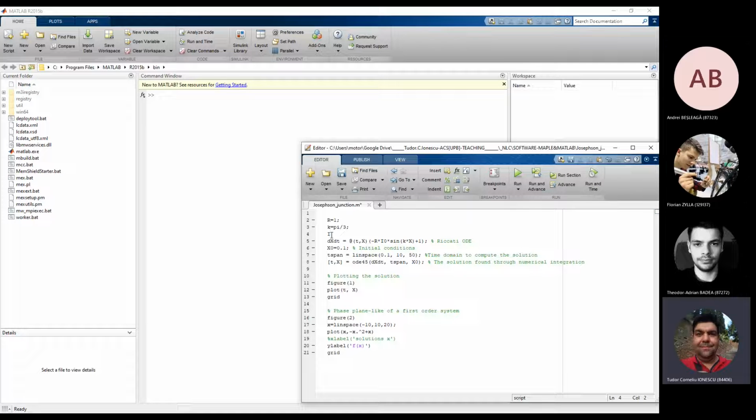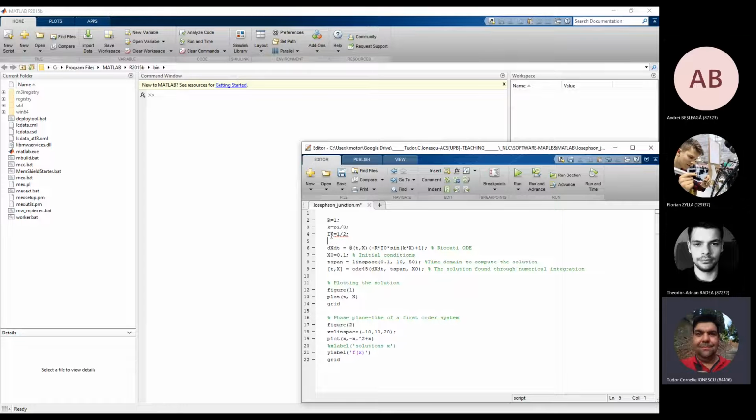I0, let's take I0 equal to half. We don't like such a large amplitude. Plot. Let's take this one again. I'll show you why this plot is very important in a minute.